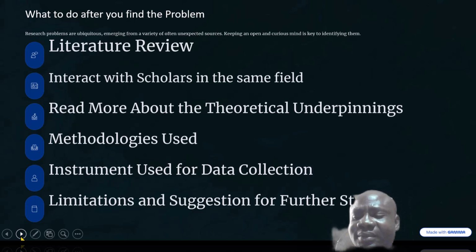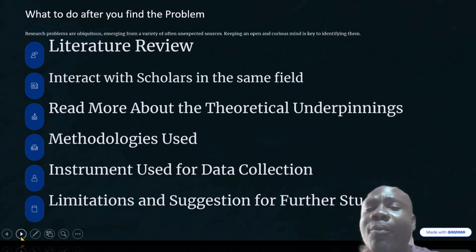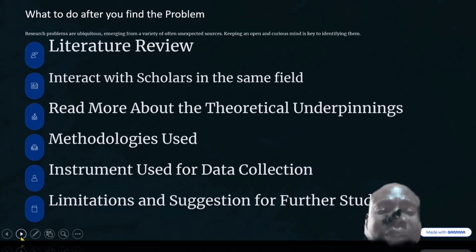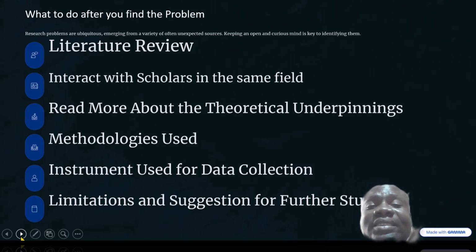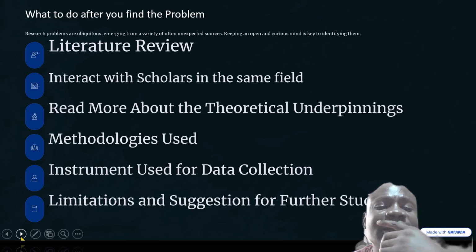When you have found a topic, an area of problem, oh, this is the problem I want to solve in the area of so and so, then we can now, in a way, interact with scholars in the same field as you are, people that are doing research in that same area, and send them a mail.